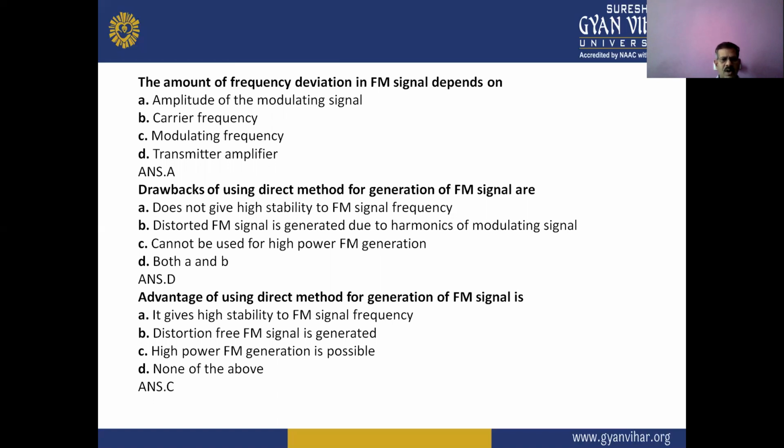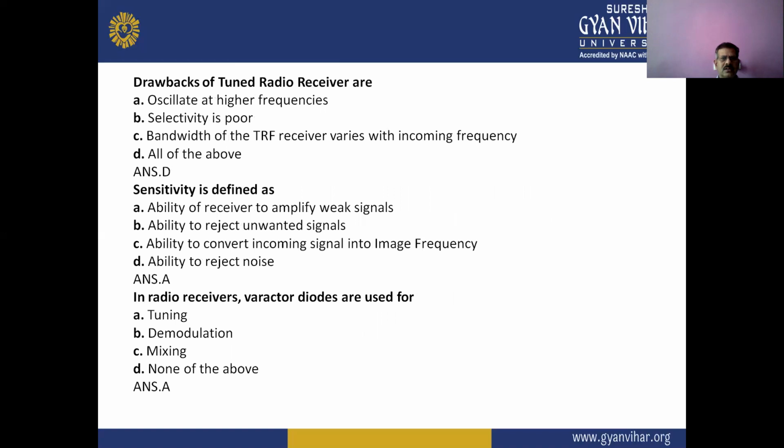Option C, high power FM generation is possible. Option D, none of the above. So the correct answer is option C. The advantage of using the direct method for generating FM signal is that high power FM generation is possible. So option C is the correct answer.